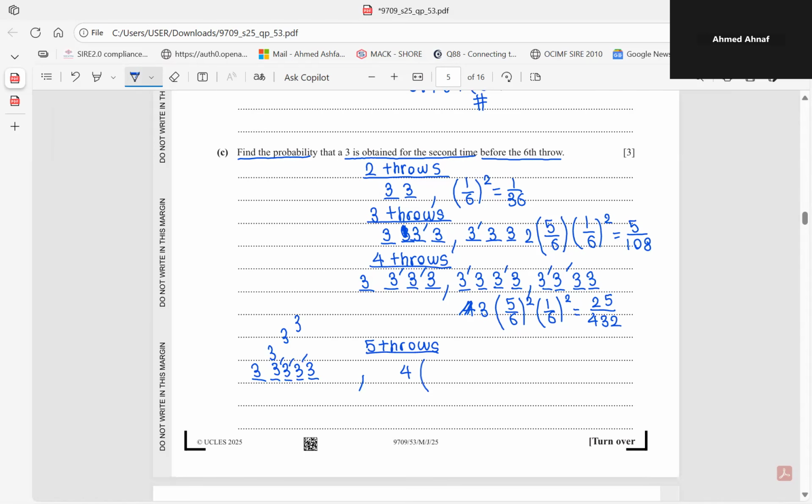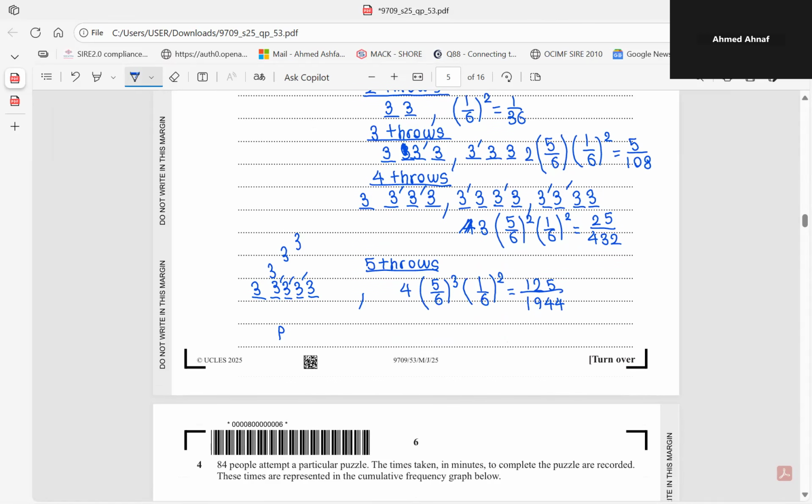So 4 times 5/6 cubed times 1/6 squared. Sorry, oh my gosh, 1/6 squared. You will get 125/1944. So just add all these probabilities up, okay?